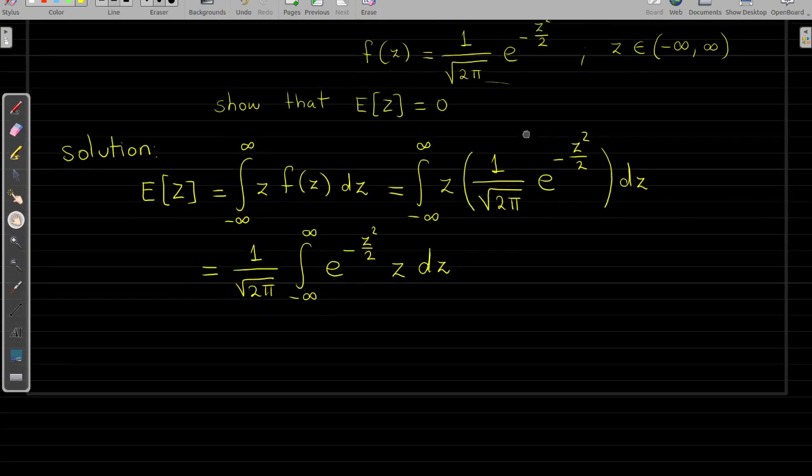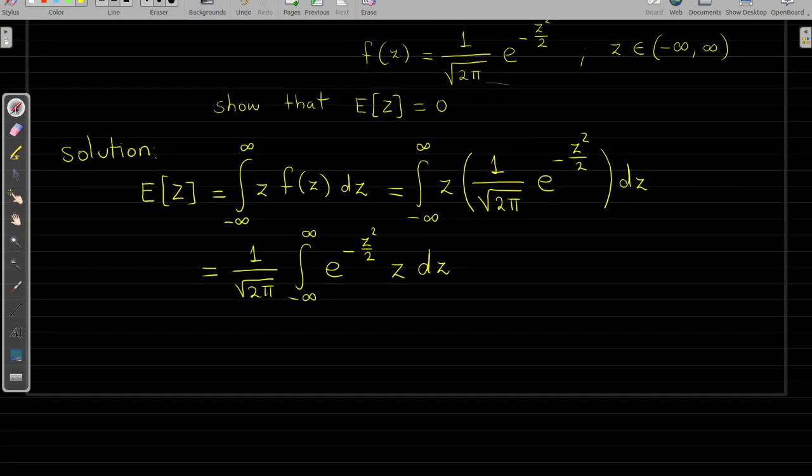Alright, so in order to convince you about the next steps we have to follow here, let me find the derivative of this exponential function that we have here. So let me define f of z as exponential of minus z squared over 2.